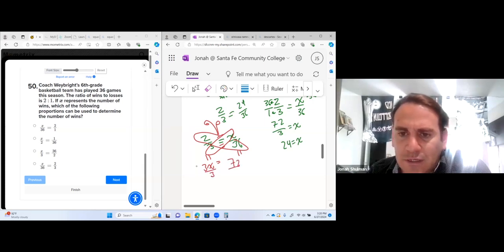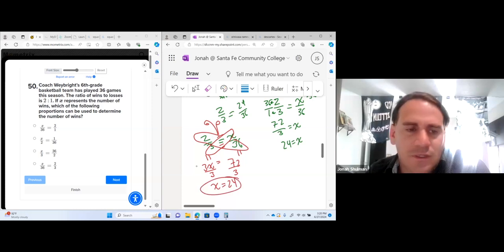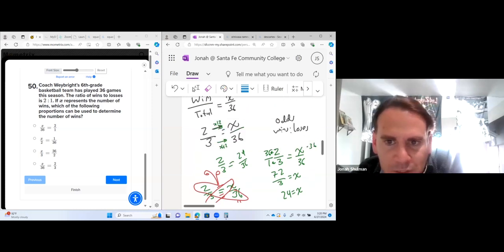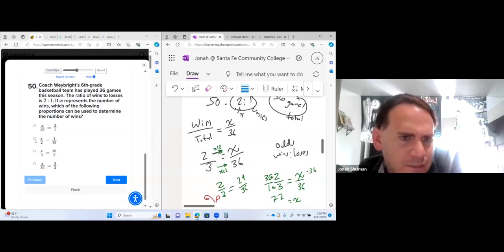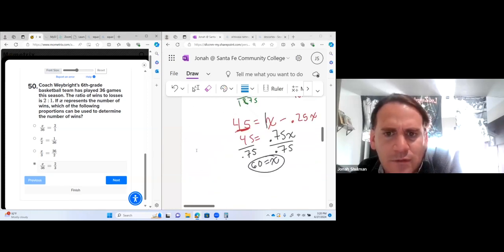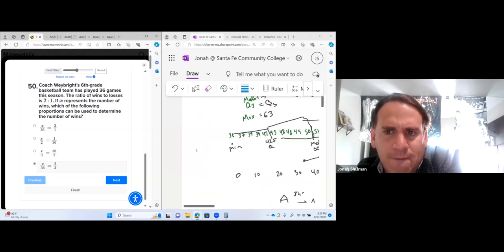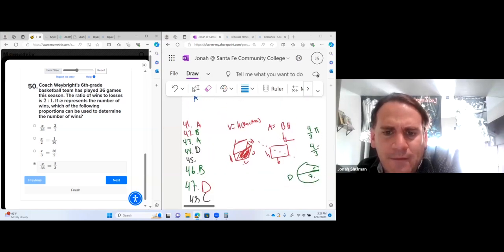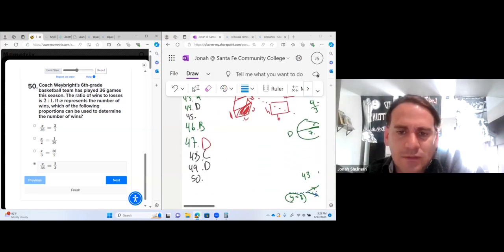Divide by 3, X equals 24. But they just wanted the proportion, so 2 over 3 equals X over 36. So for 50, I got D. All right, we're on our way.